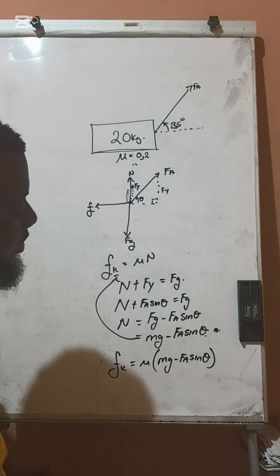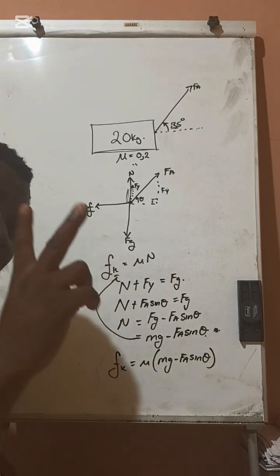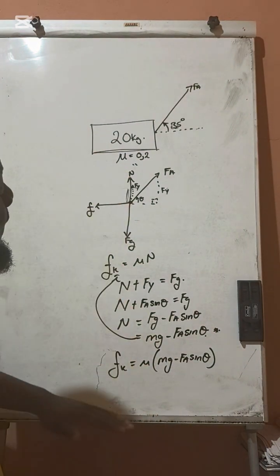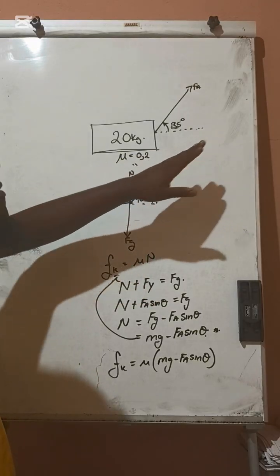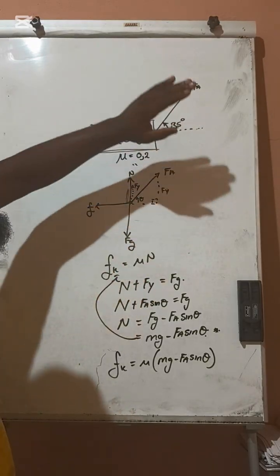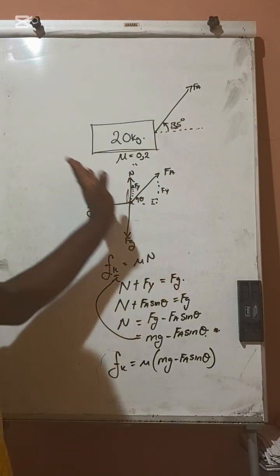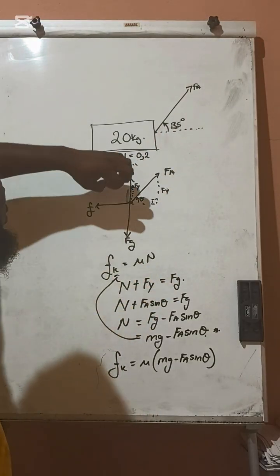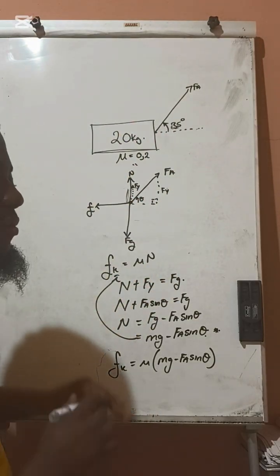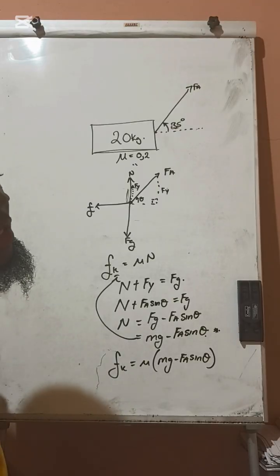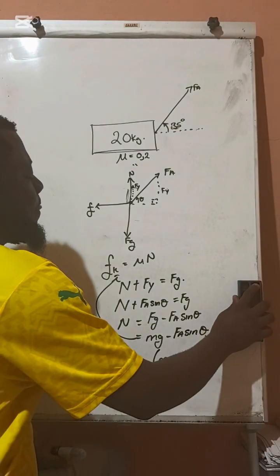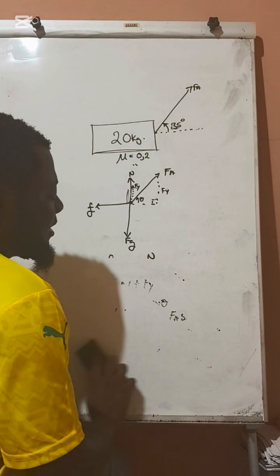You substitute your values in newtons. So that is the second scenario, where you have a force that is upwards, directed to the first or second quadrant. It will lift the object a little bit, so frictional force decreases.